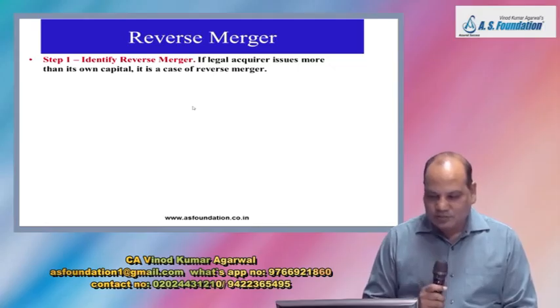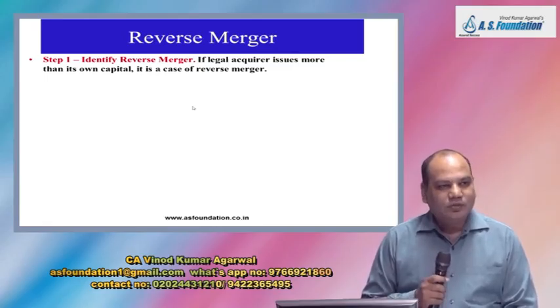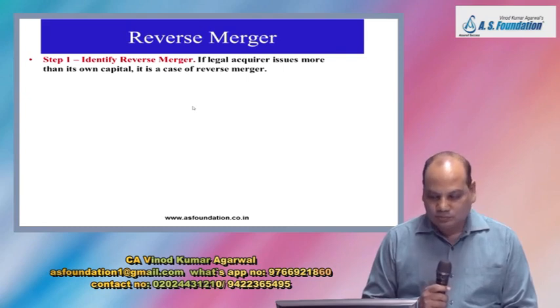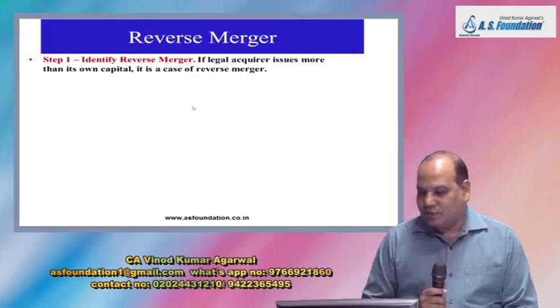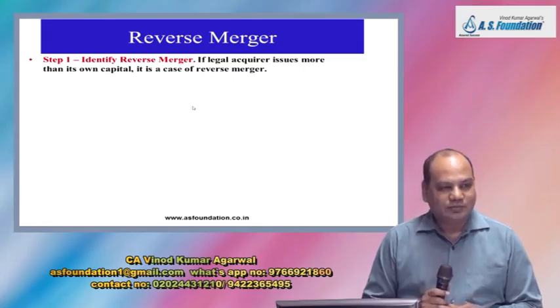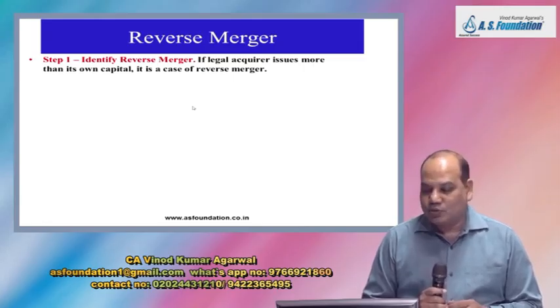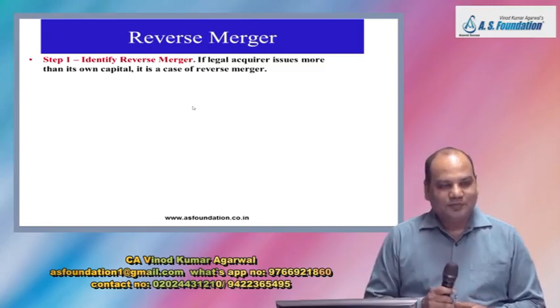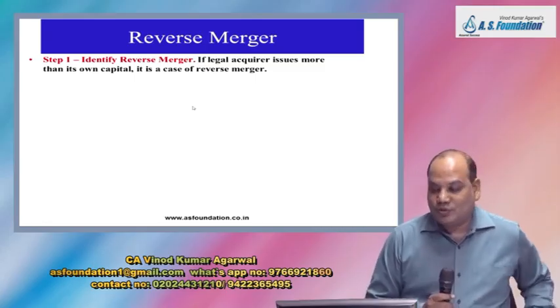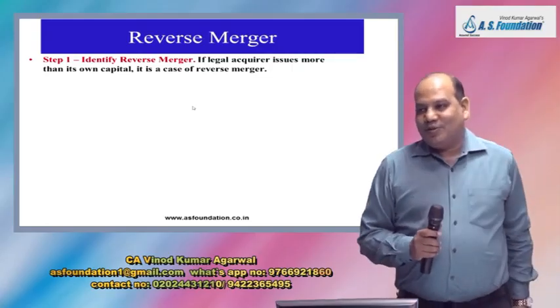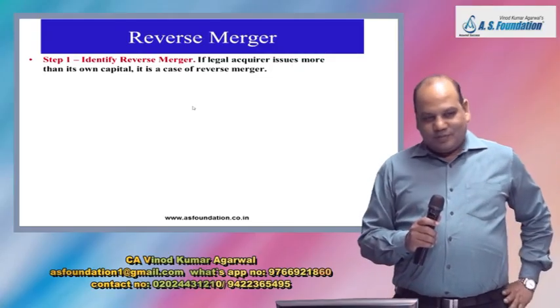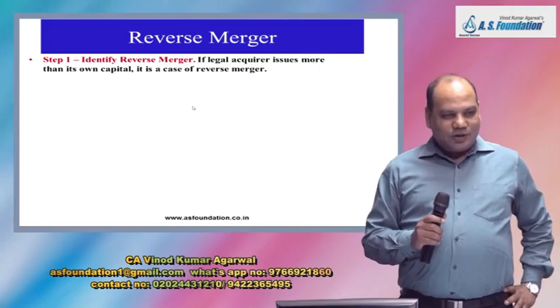Steps in reverse merger. Step 1, identify reverse merger. When it is a case of reverse merger, a simple test is if the legal acquirer issues more than its own capital, it is a case of reverse merger.